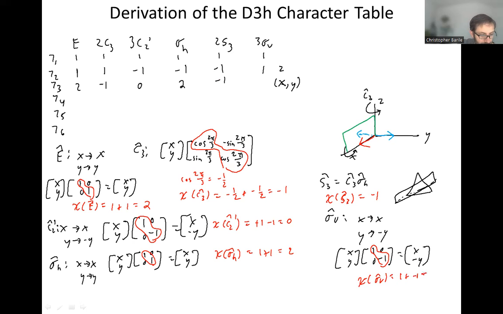So we get a trace or a character of the matrix being 1 plus negative 1, which is equal to 0. So we figured out the gamma 3.